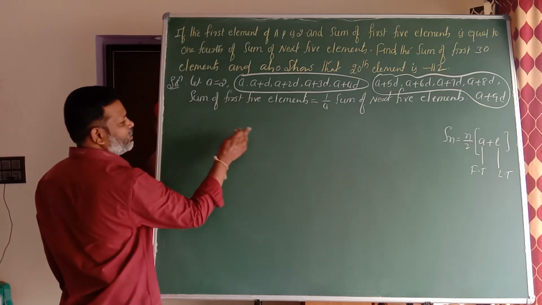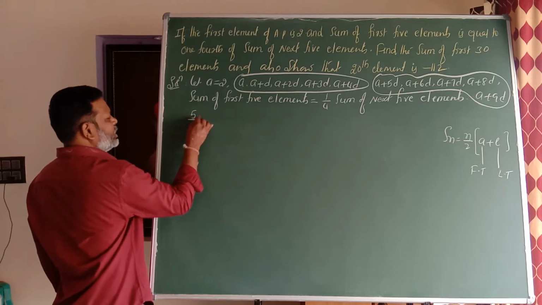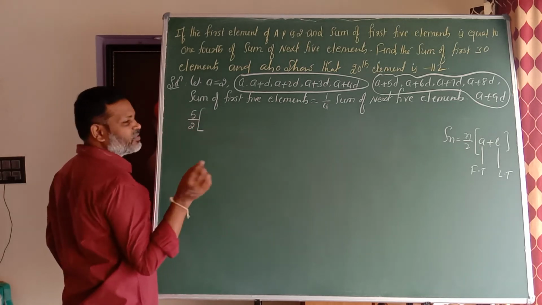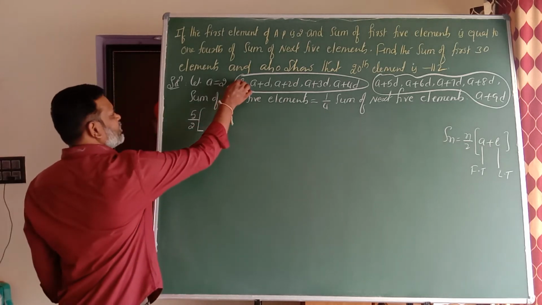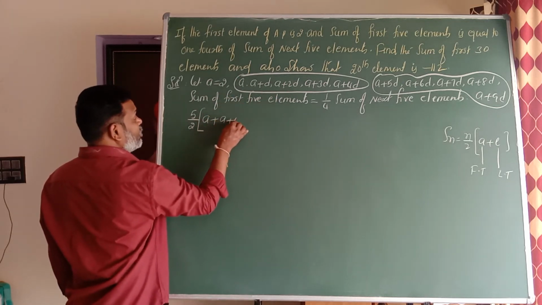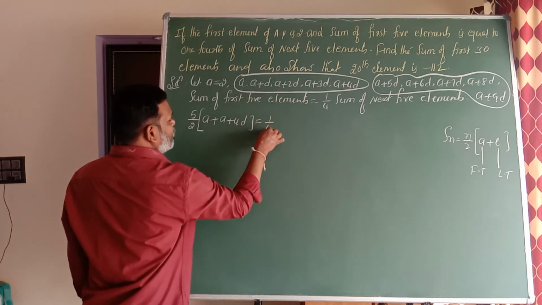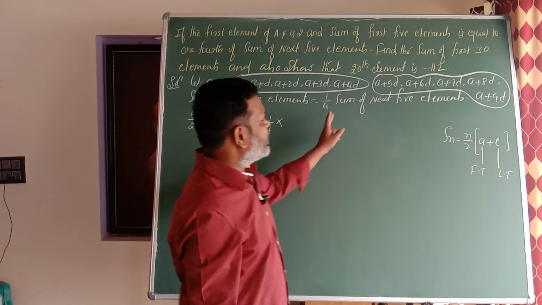Sum of first 5 elements is 5 by 2 into A plus L, that means first term plus last term. What is the first term? A. Last term is A plus 4D. This is equal to 1 by 4 times of sum of next 5 elements.